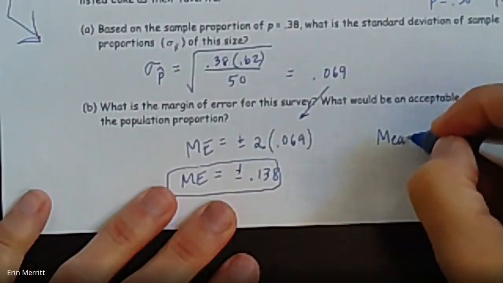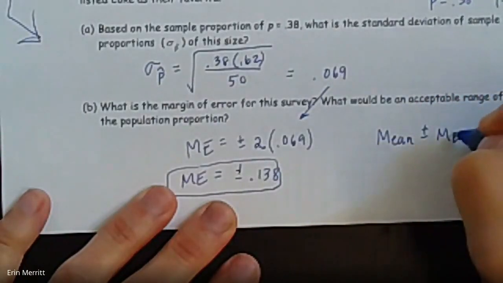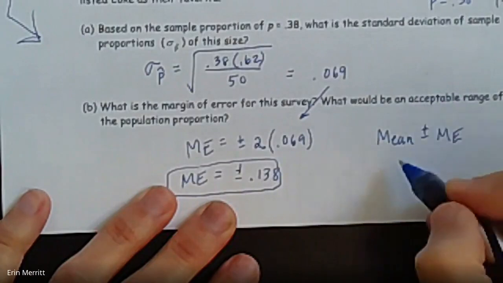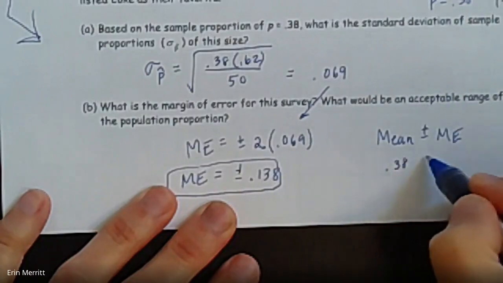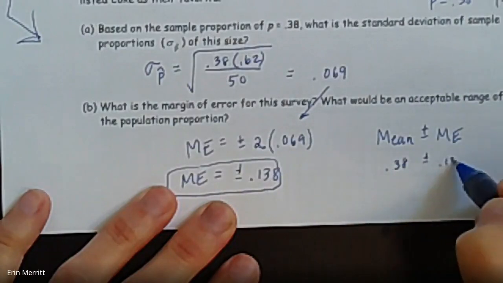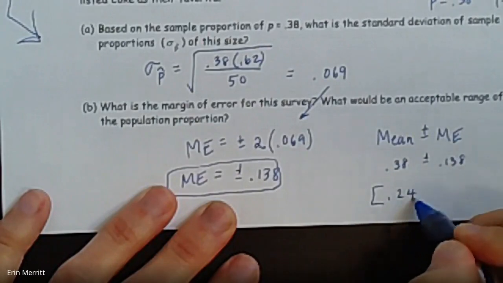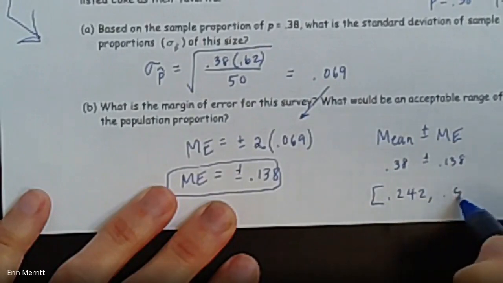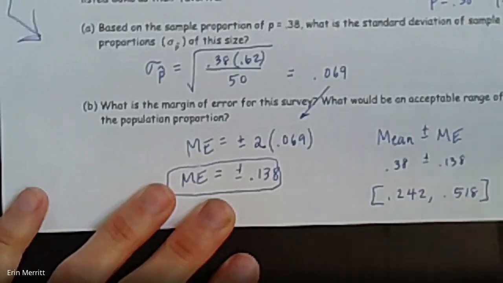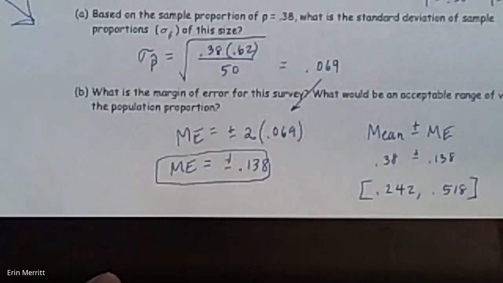Well, that would be the mean plus or minus that margin of error. So when we take the mean of 0.38 and then we add or subtract 0.138, we come out with anywhere from 0.242 to 0.518 as saying where the mean should fall for the actual population proportion that, you know, listed Coke as their favorite. All right, there you go.